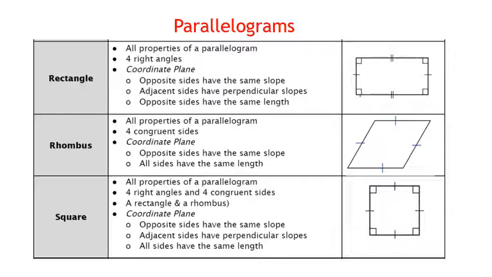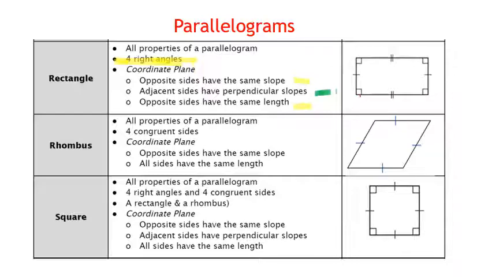On the coordinate plane, we're going to find that the opposite sides are going to have the same slope, like a parallelogram. The opposite sides are going to have the same length, like a parallelogram. The only thing added to that is the sides next to each other, the adjacent sides, are going to have perpendicular slopes, so opposite reciprocal slopes.